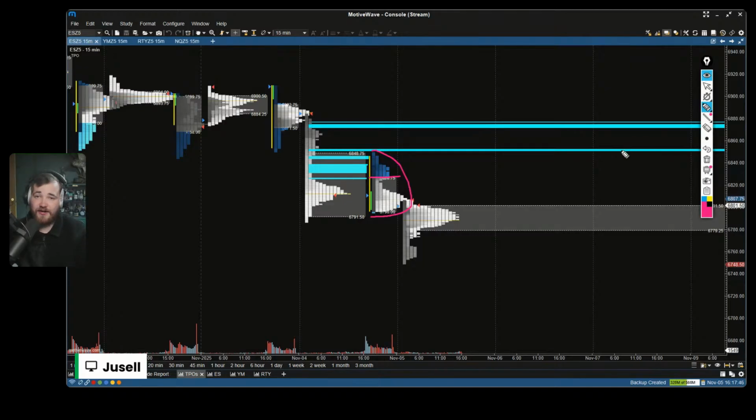So we know this is where the day's value was. If there's anything you want to ask about this specifically, I'm always happy to talk about TPO, but you could think of this as daily bars, just with more information.